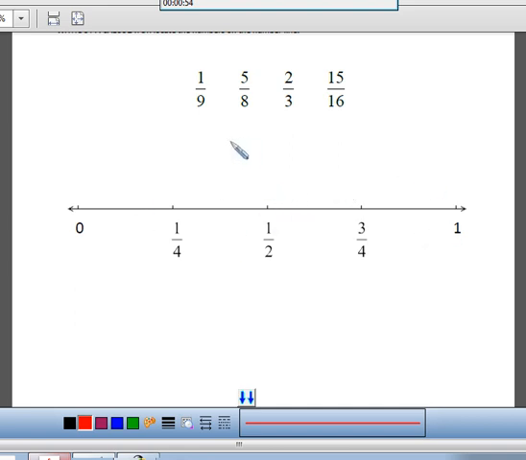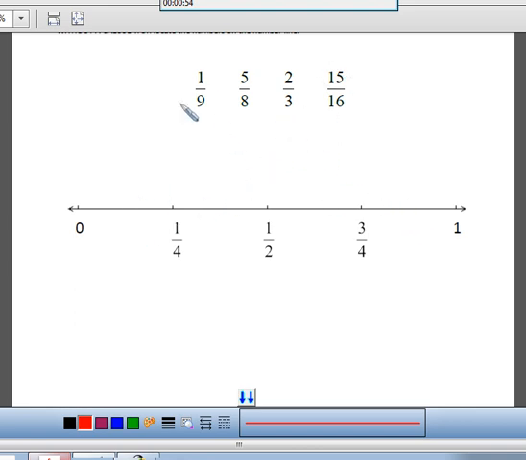One of the things I always do, if I'm trying to get an idea of where fractions or decimals go, is I look at the halfway point and I say, okay, is this more than half or less than half? When I look at these four possibilities, 1/9 is clearly less than half. 5/8, 2/3, and 15/16 are clearly more than half.